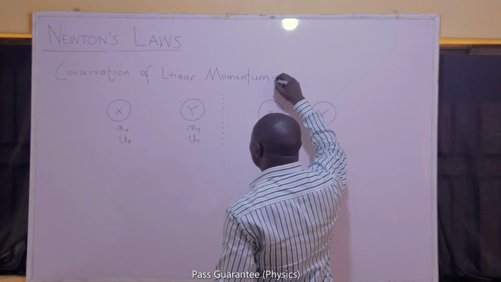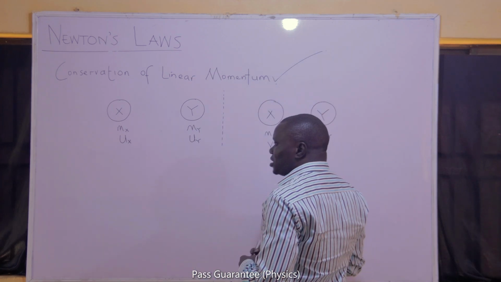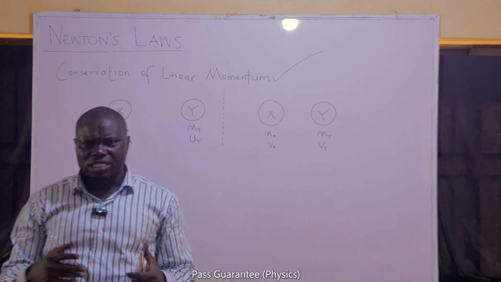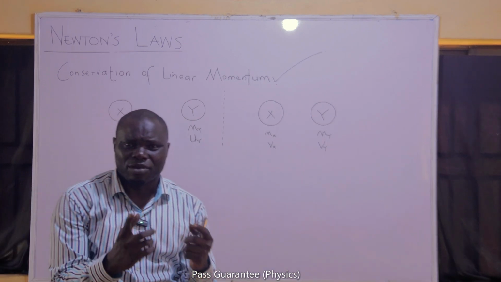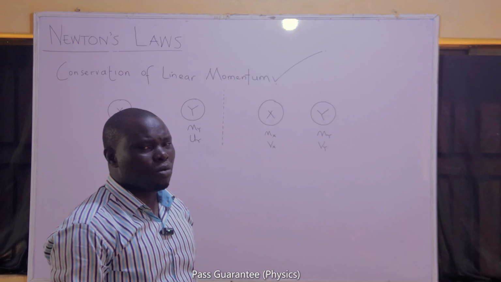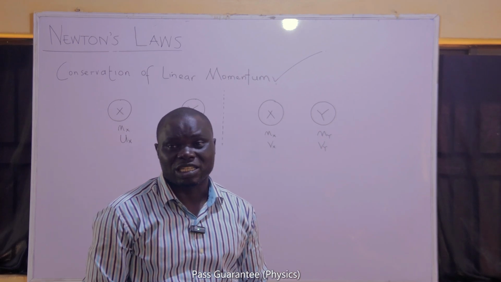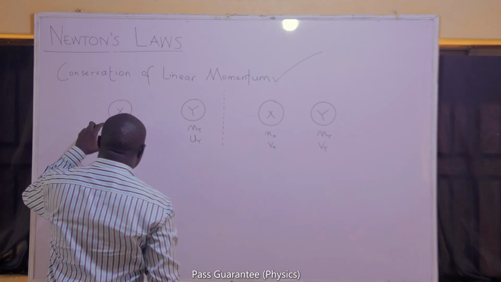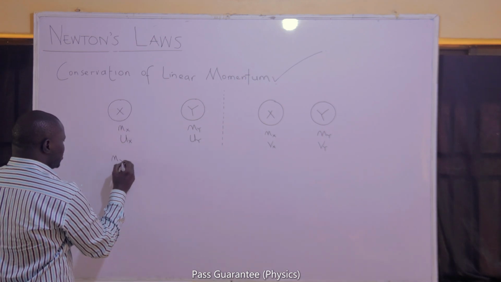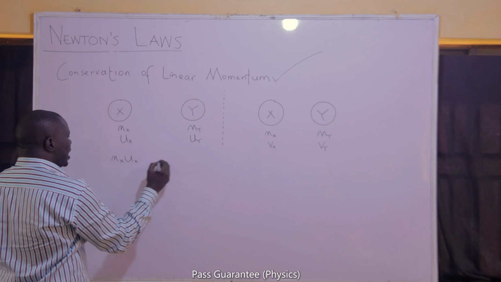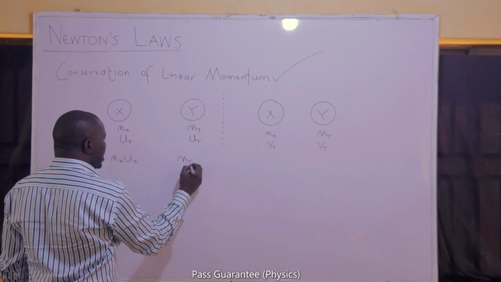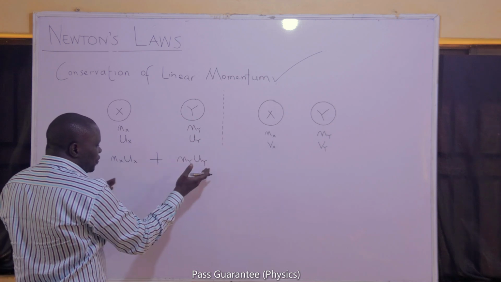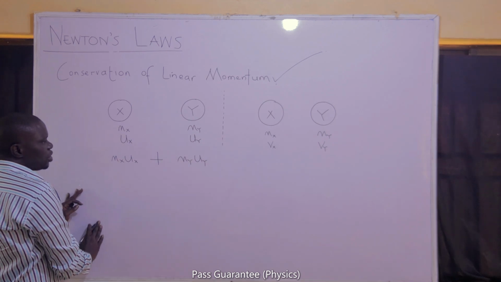Why? Because under this law, in a system of colliding objects, the total momentum is conserved. Anytime you have colliding objects, the total momentum must be conserved. That means it must not change. So if I get the momentum of X, mx ux, and the momentum of Y, my uy, and add them together, it forms the total momentum before collision.